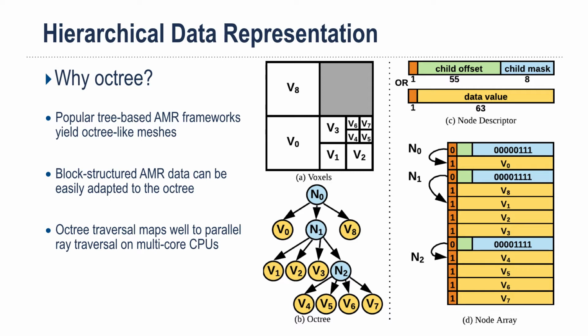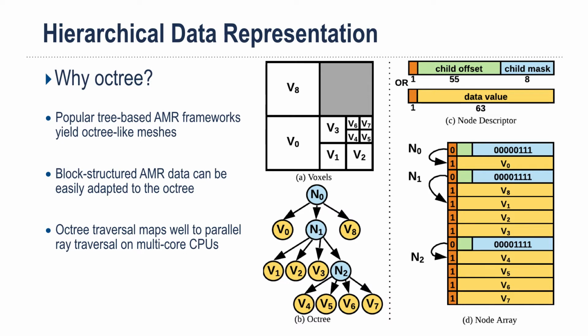To enable interactive rendering of large datasets, we use a sparse octree to represent our data. Each node is represented with a 64-bit descriptor and the value range of its children. For leaf nodes, we pack the data value directly in the descriptor.